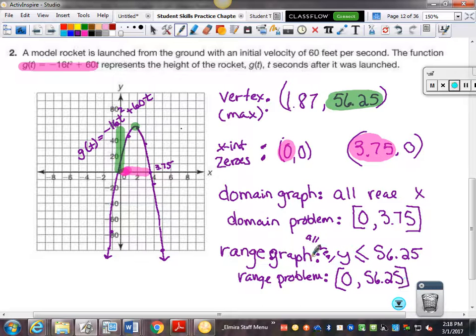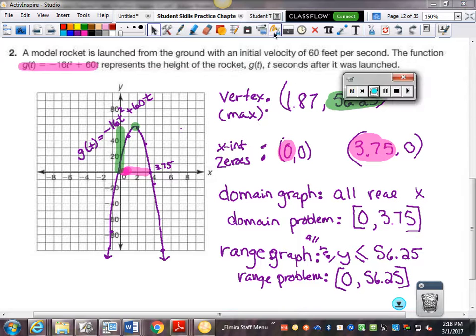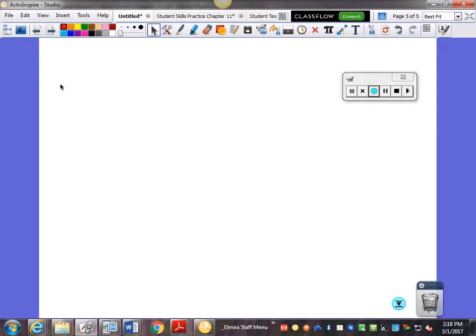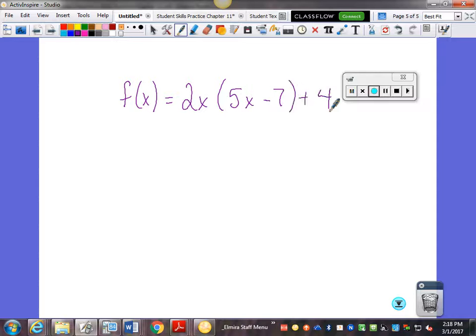One more thing for your quiz tomorrow. If you're still with me, it's a good little help. Your quiz tomorrow will have a problem on it that looks something like this, and it's going to say put that in standard form.